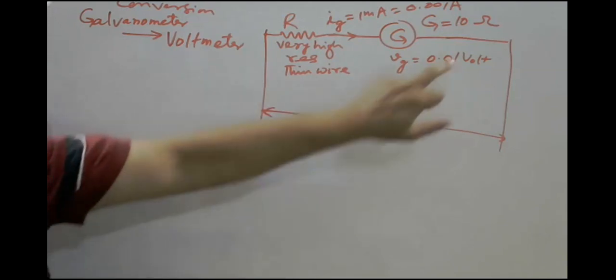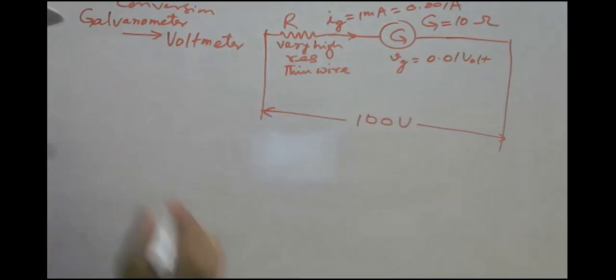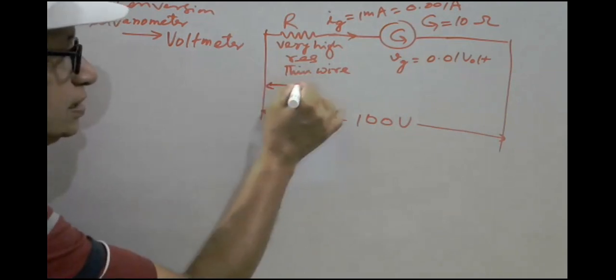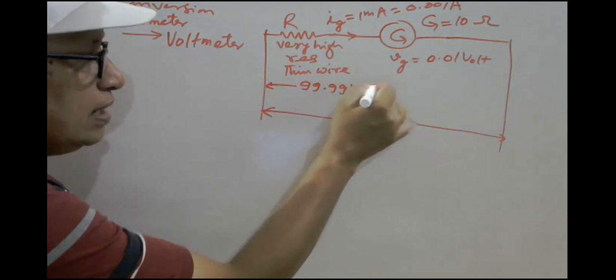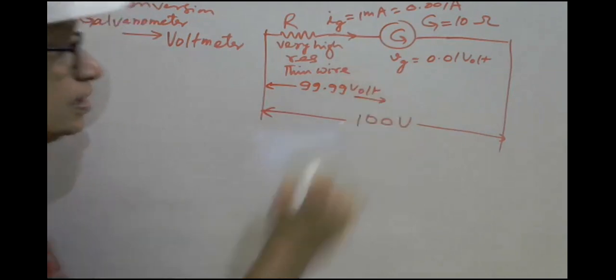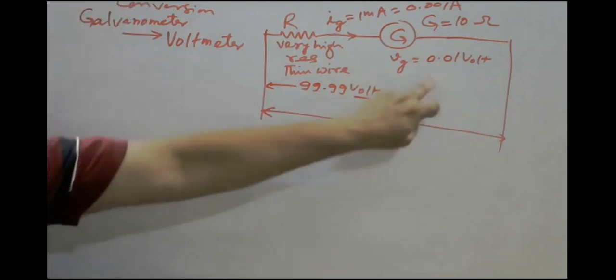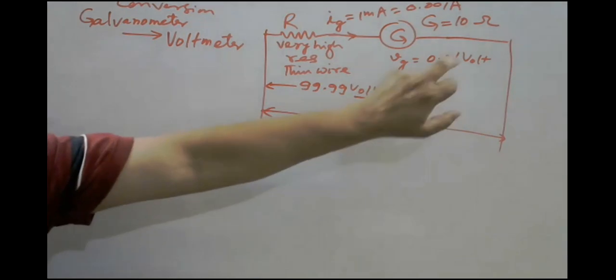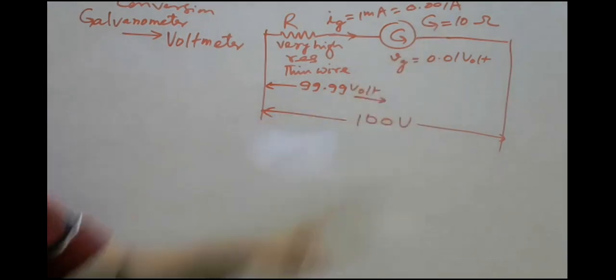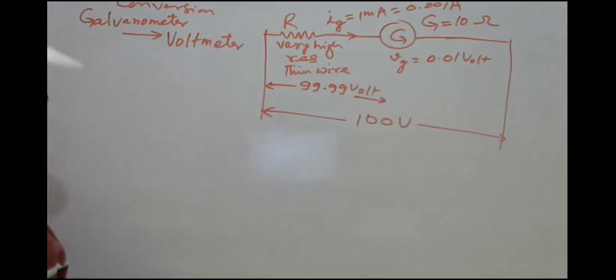It means 100 minus 0.01 volt, so 99.99 volt, must be dropped in the series high resistance, and only 0.01 volt can be dropped across the galvanometer coil.